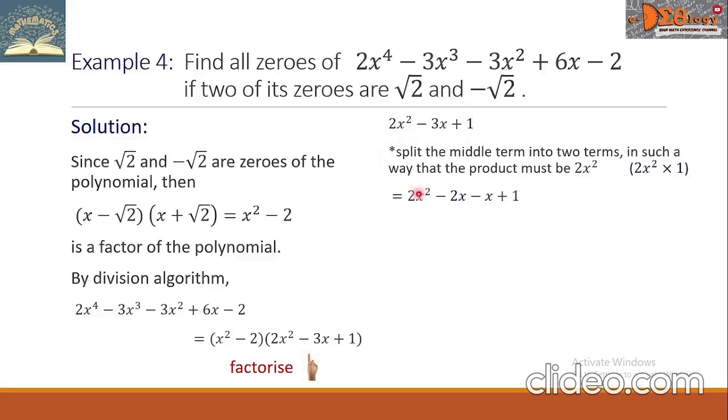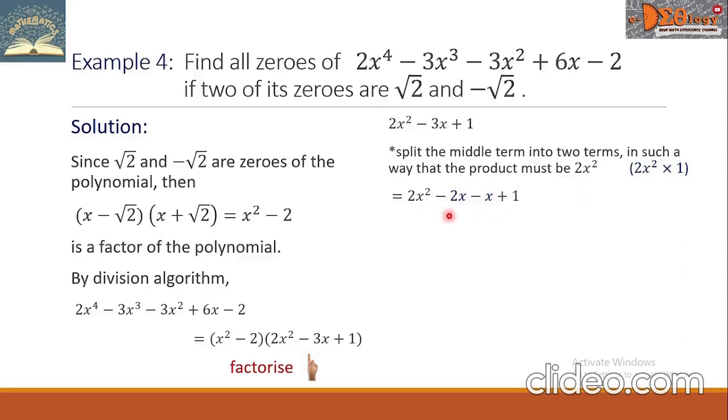So we write it like this: 2x^2 - 2x - x + 1. The negative 3x is split into negative 2x and negative x. When we multiply negative 2x by negative x, the answer is positive 2x^2.